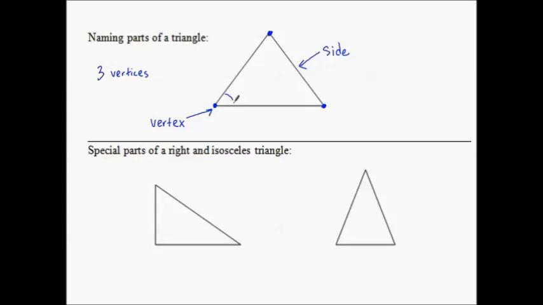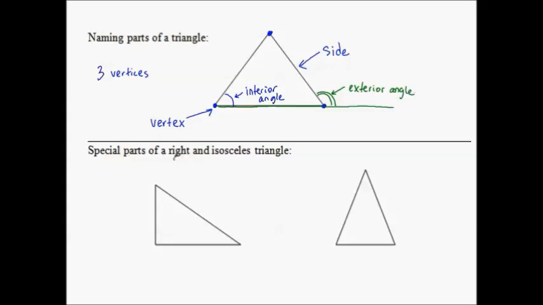Then we have inside, one of the angles is an interior angle. And if I extend the side like that, I can draw outside of the triangle the exterior angle. That's one of the exterior angles in the picture.